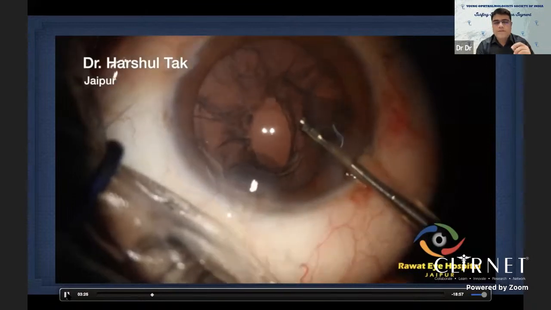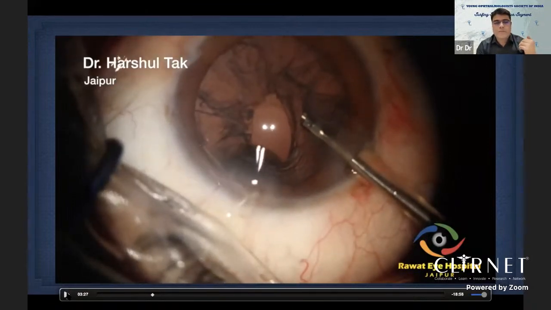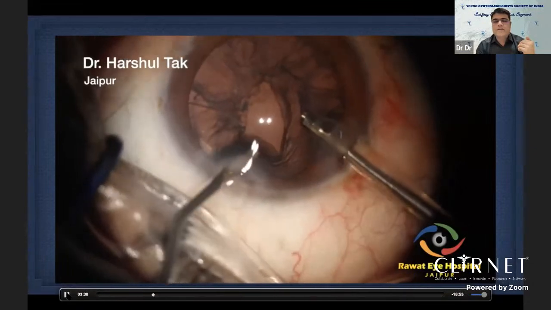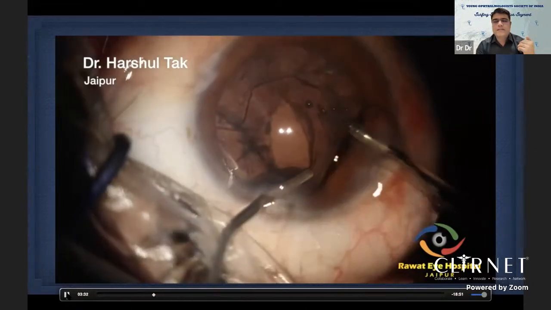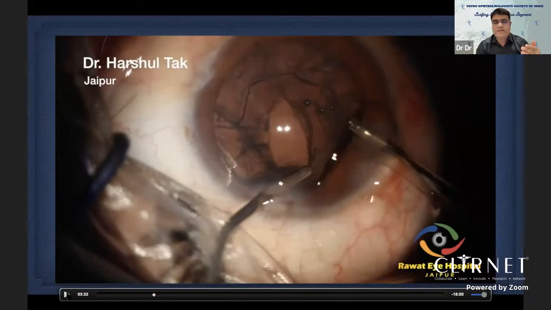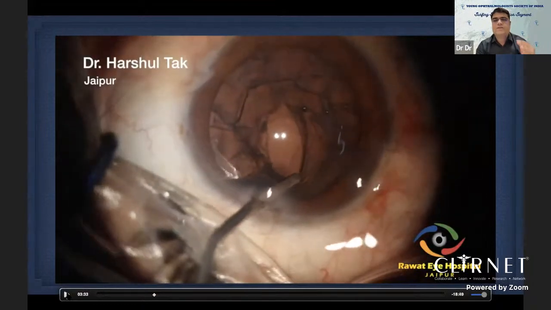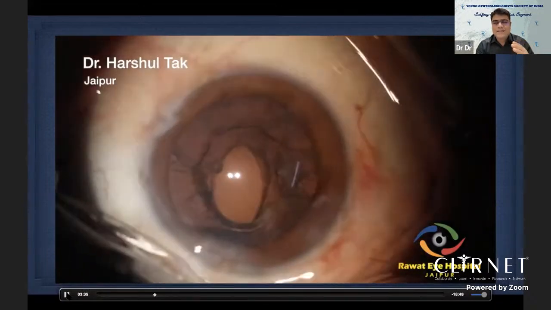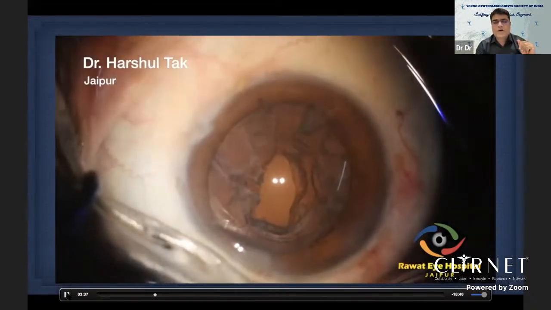So you put OVD from the side port, take off your chopper and put OVD, whatever OVD is there with you on the table, HPMC, or if you have a dispersive viscoat like this, that's the best, because it goes there and plugs the defect. This is a case under topical anesthesia which is going on.